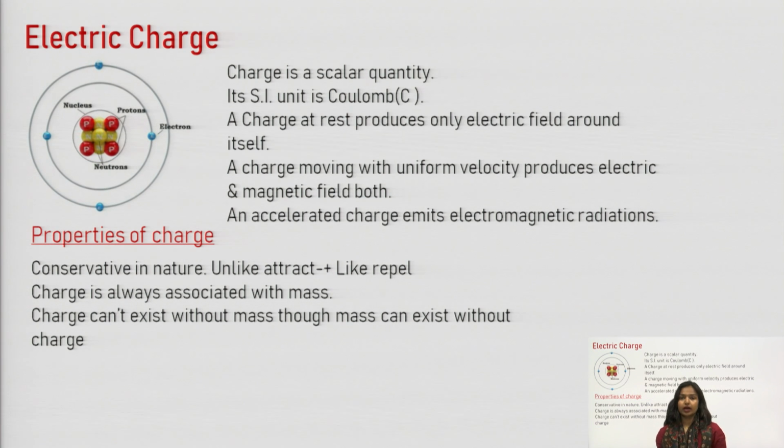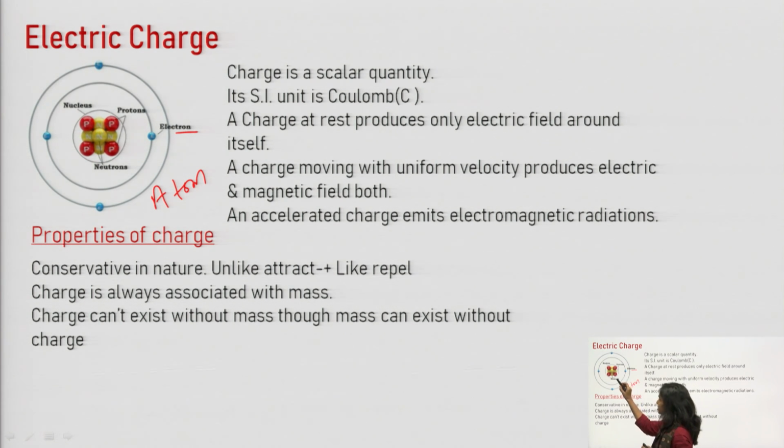Now as we know that in electrostatics we study charge at rest, let us know about the charge first. Where does this electric charge come from? So this is the atom, a basic atom. In this atom, three things reside. One is the electron, which resides in the outer orbit.